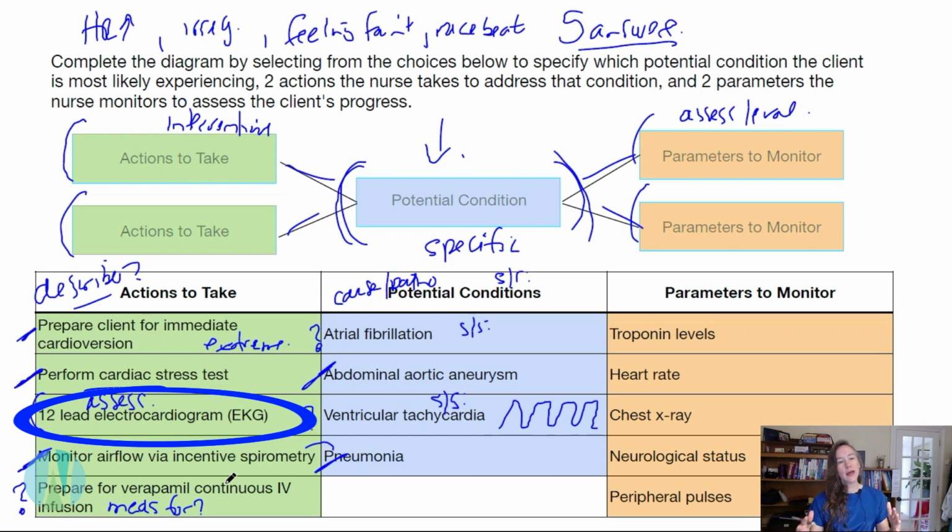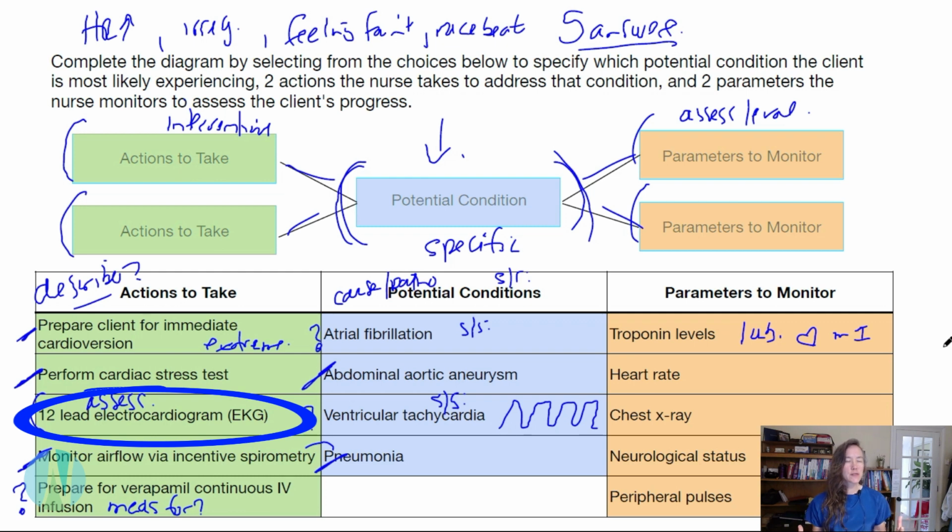So now that we sort of have our answers, let's go over to some of that assessment data. What would we monitor? Troponin levels. Well, what are troponin levels? What is that lab for? What does that indicate? So you have to know content. That lab tells you if the patient is having what? A heart attack or an MI.